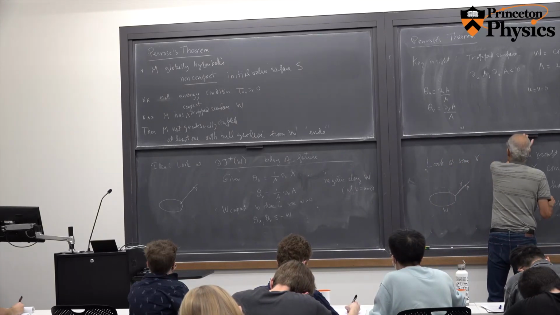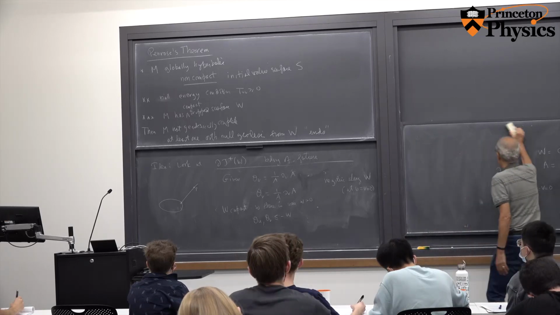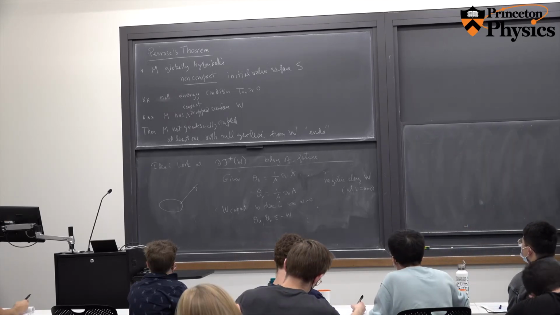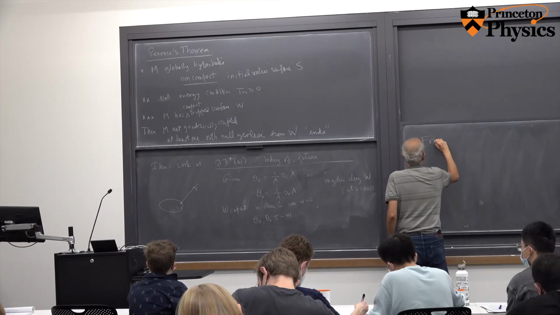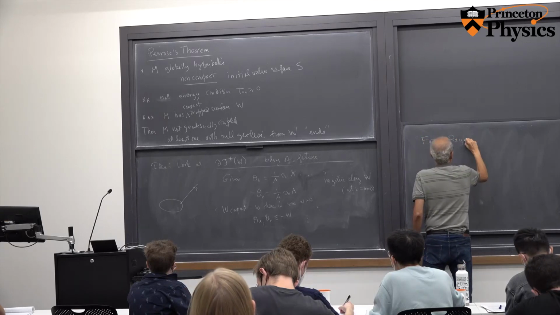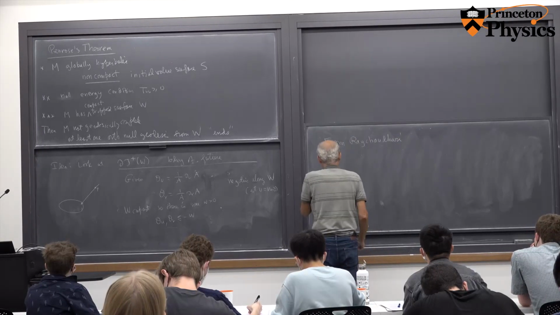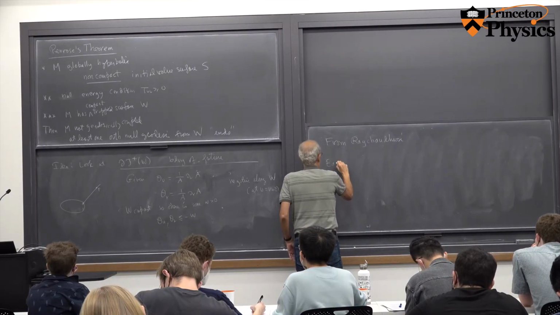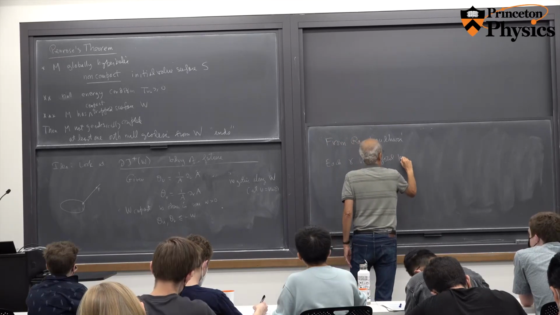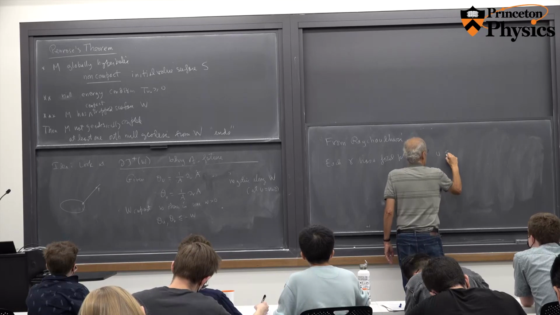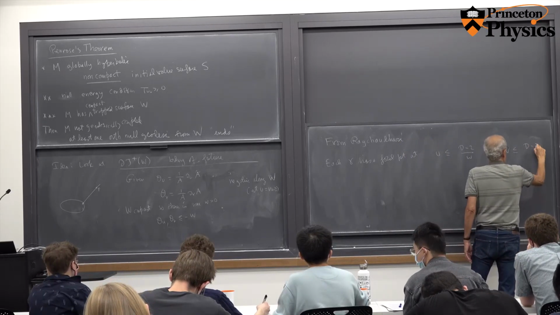So we learn, therefore, from Raychaudhuri's theorem that each gamma has a focal point at u equal to or less than d minus 2 over w, or v equal to or less than d minus 2 over w.